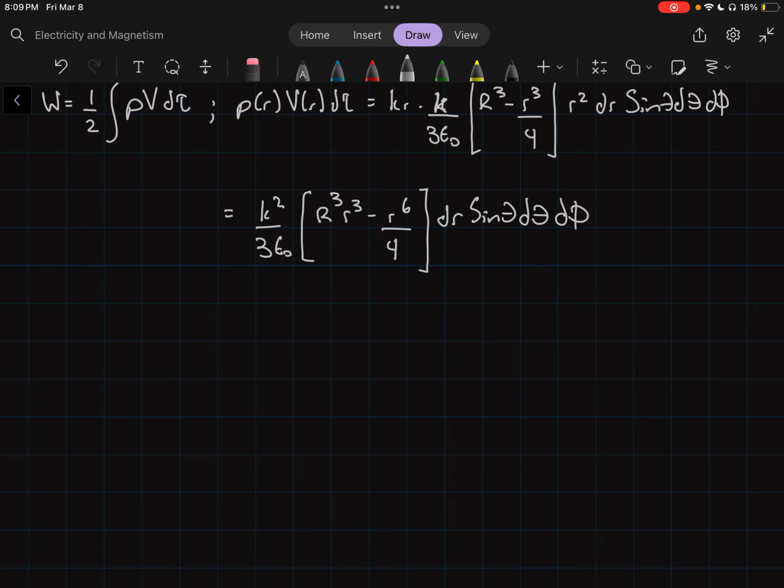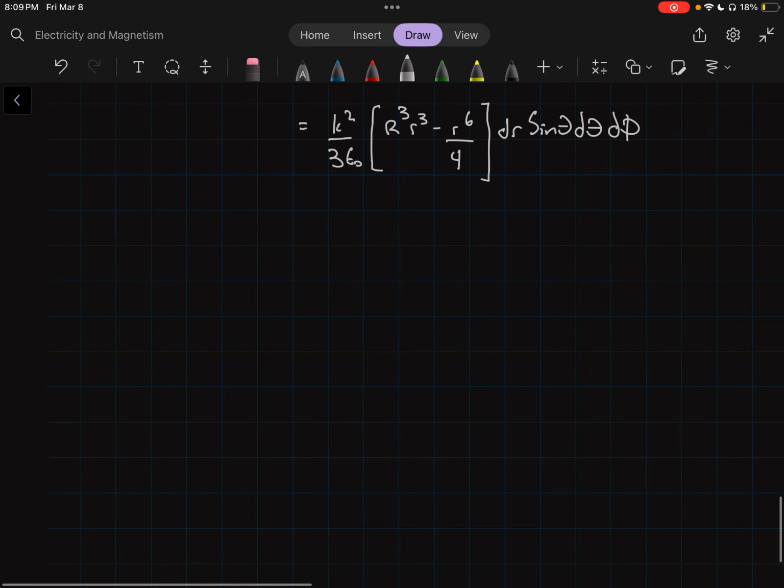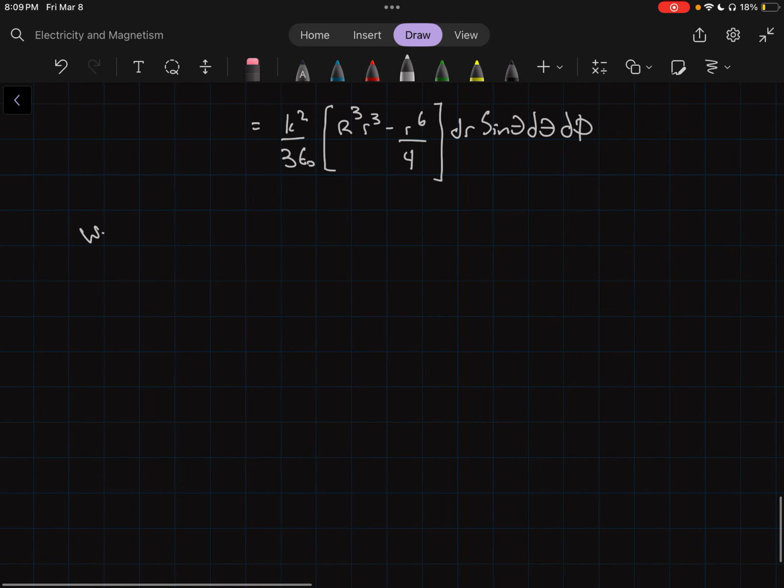So now we can go ahead and just integrate and say work is equal to 1/2 times k squared over 3 epsilon naught. We're just pulling the constants out here.